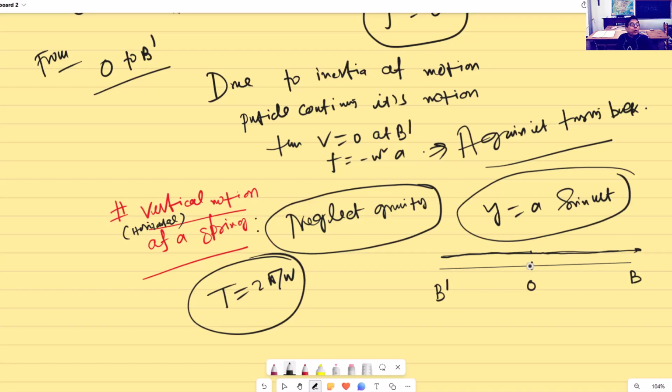We have borrowed it from UCM, but now T is a well-defined term. Some time is required to perform this oscillation. You'll ask then why omega, as there is no angle described here. We'll remember we have borrowed the term omega from uniform circular motion. Please don't be confused. Simple harmonic motion is now an independent topic. It has a fixed time period.